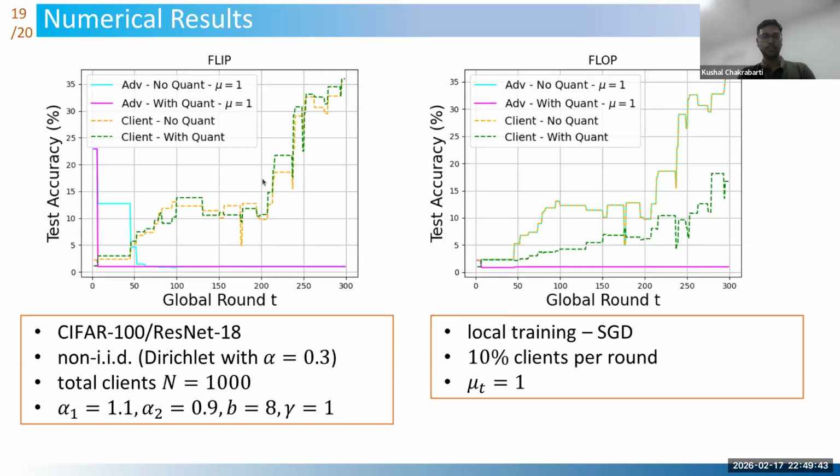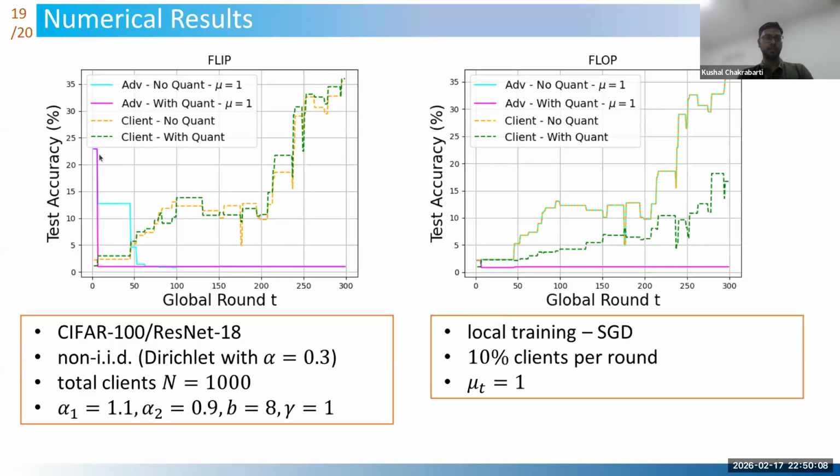Now, we compare the accuracy on the test dataset from the client model and from the adversary model with and without quantization. If you look at without quantization, this is the cyan colored line for the adversary's estimate.